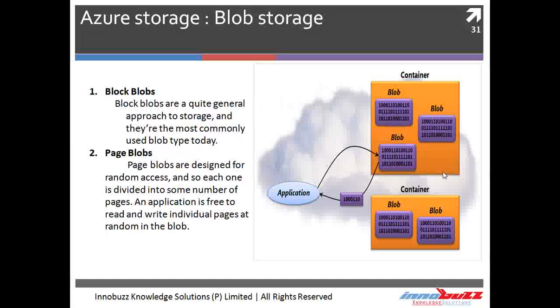So the three items you need to access the storage are the blob name, the container name, and the storage account name or the storage account ID. As I told you, and you can see from the picture also, Windows Azure has two different kinds of blobs.